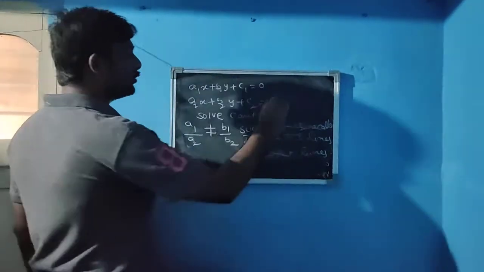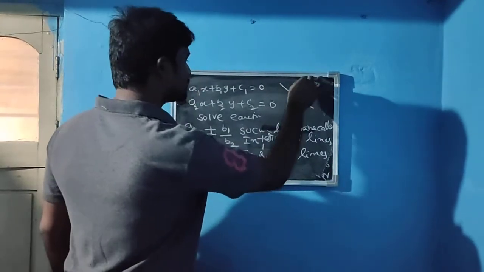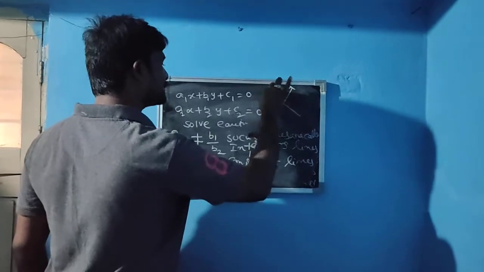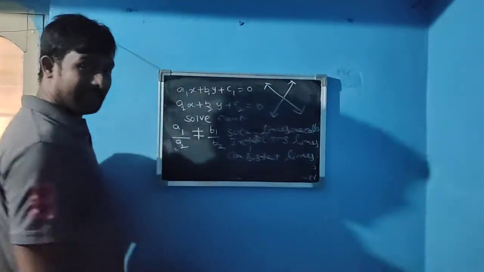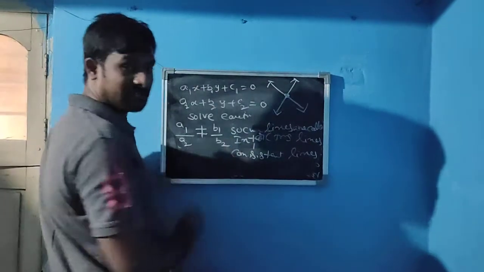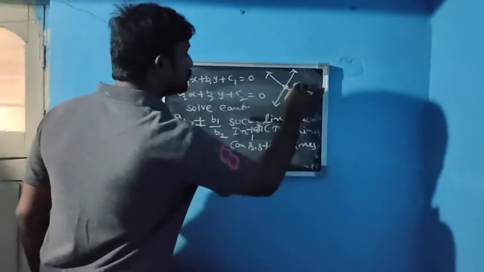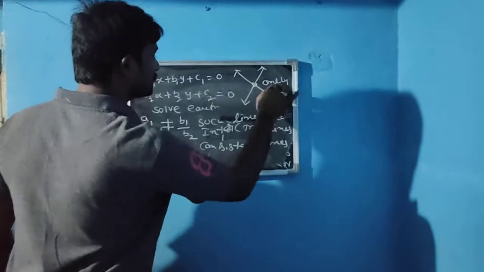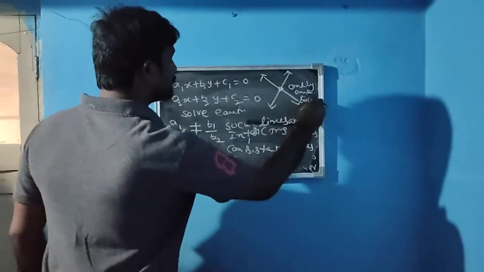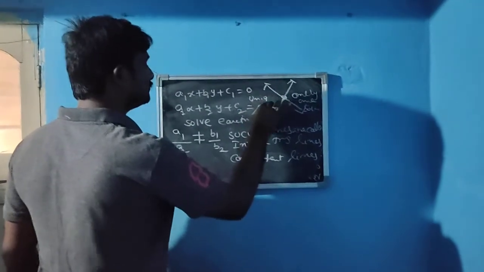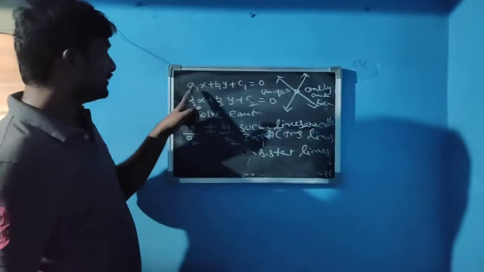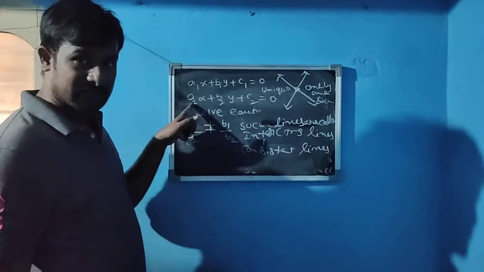How to draw the graph? This is the graphical method for which lines? Intersecting lines. It has only one solution, nothing but a unique solution. Understood? These two are a pair of linear equations.